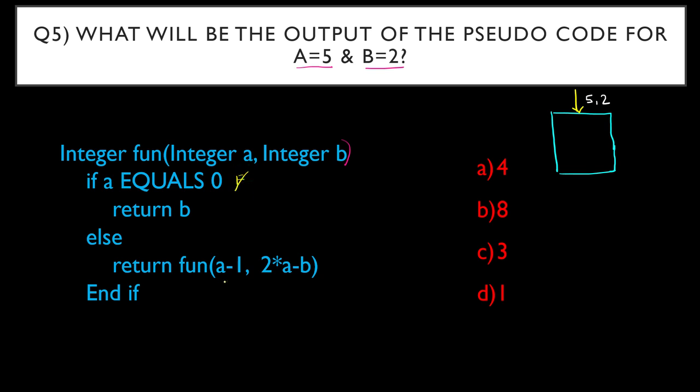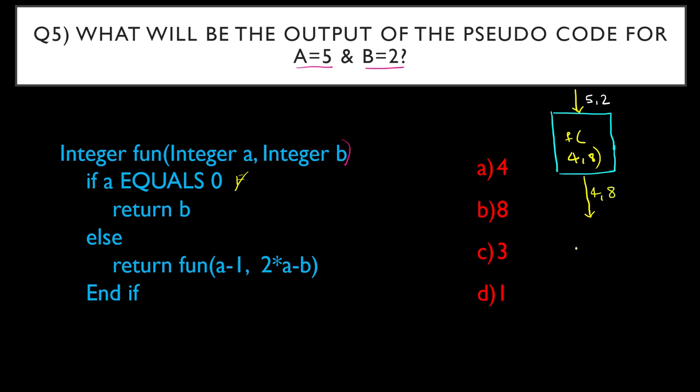So you will return f of A minus 1, that is 4, comma 2 into A minus B. So 2 into 5 is 10, 10 minus B, which is 10 minus 2, is 8. So you are passing f of 4 comma 8.